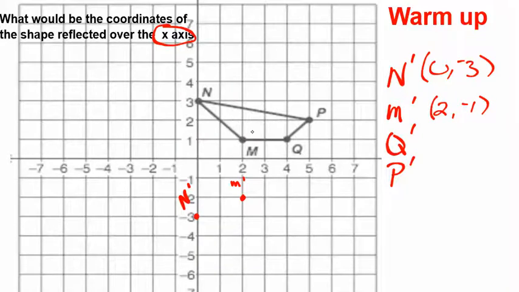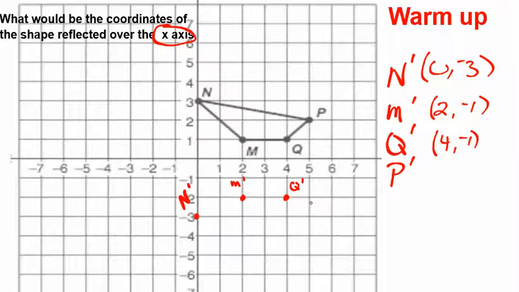For Q, I would go over 4, up 1. So for its reflected point, I'd still go over 4, but I would go down 1. So that's negative 1. And then for P, I went over 5, up 2, so I'm going to go over 5, down 2.